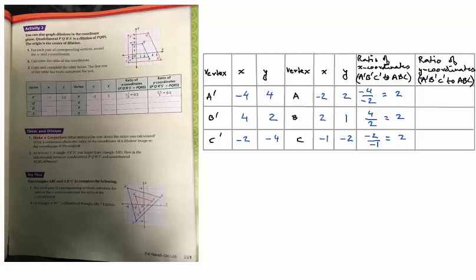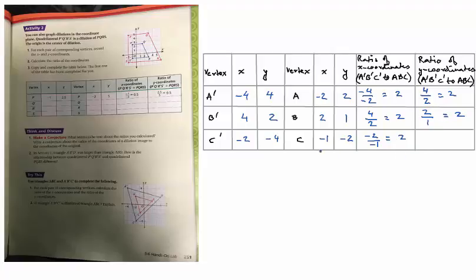How about the y coordinates? The y coordinate of A prime is 4, so we have 4 over the y coordinate of A, which is 2, so we have a 2 over here. Y coordinate of B prime is 2 over the y coordinate of B is 1, and 2 over 1 is 2.